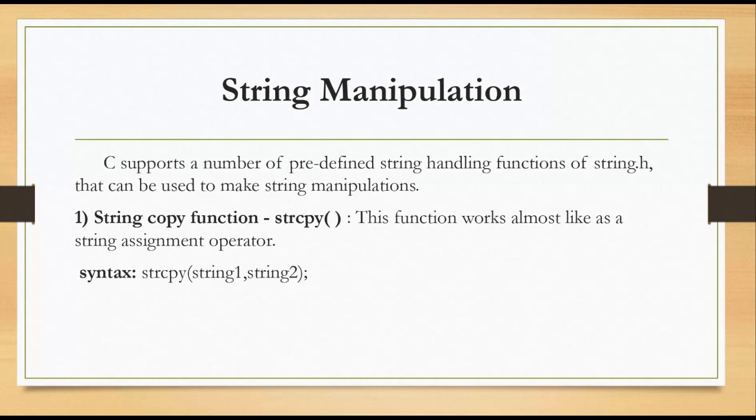For string copying, we can use the function strcpy. This function works almost like a string assignment operator, and the syntax for this is strcpy(string1, string2). Here we are going to copy string 2 into string 1, and the length of string 1 should be greater than the length of string 2, so that we can copy string 2 into string 1.